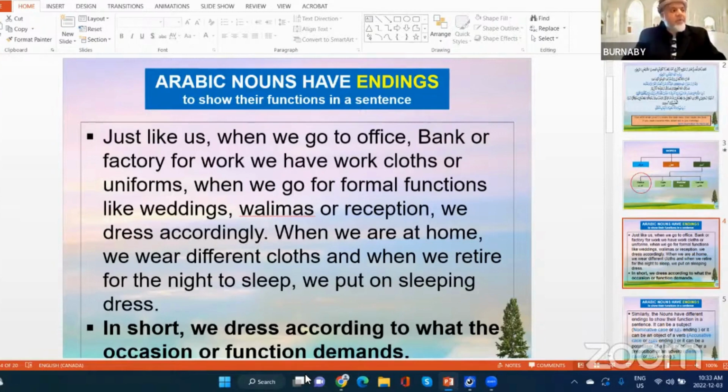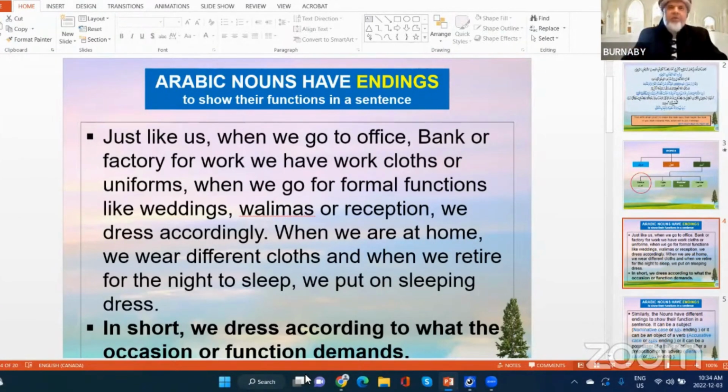To give you an example about the status, there is another word for status called hala. What is hala? Does anybody know? State, condition. So for example, when you wake up in the morning, you have specific clothes for sleeping or waking up.